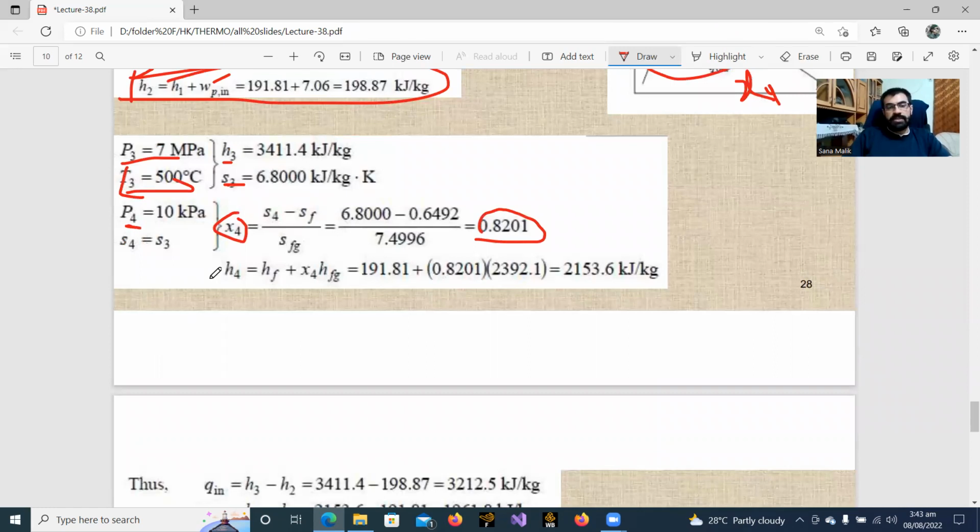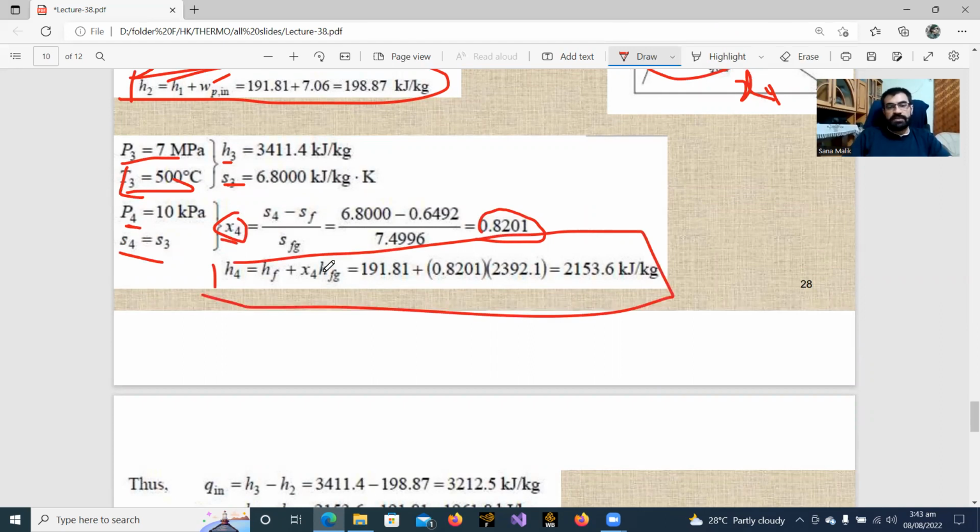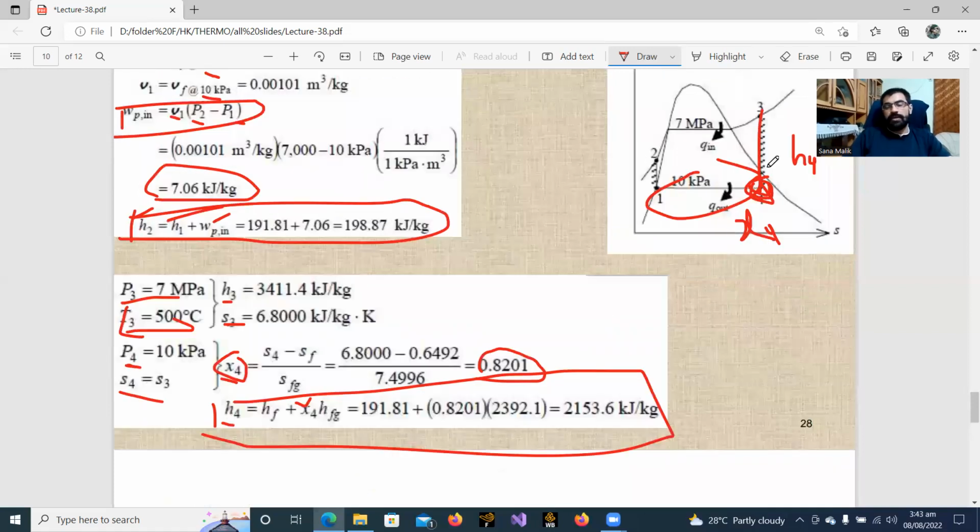So we will utilize this formula by using S4 and x4. We'll find hf and hfg, and x4 we already know. We'll find H4. Now we have found enthalpies at all the states. In Rankine cycle problems, we try to find enthalpy at all the states, because the parameters like work input and work output are all determined by the enthalpy differences.